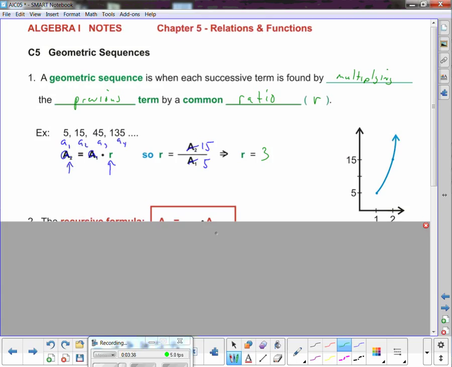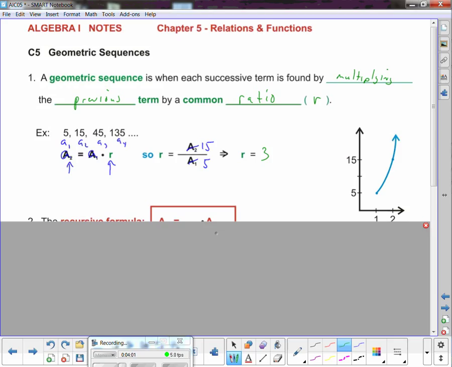And when you multiply 15 by 3, you get 45. And when you multiply 45 by 3, you get 135. And therefore, the fifth term has got to be 405. Yeah, I think so. My brain is hurting.